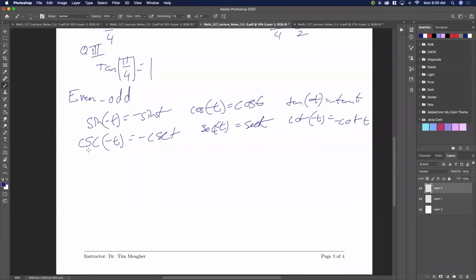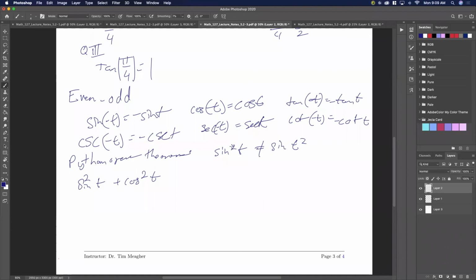Okay. The other ones are your Pythagorean identities. You probably know one. You may not know the others. So the Pythagorean identities start with sine squared of t plus cosine squared of t. And notice that when we write this, sine squared of t does not equal sine of t squared.